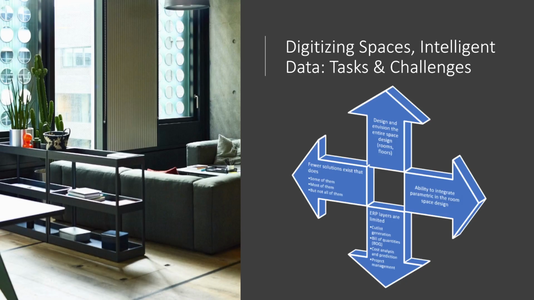And finally, with these three challenges, the fourth challenge is the aspect of project management. The project has begun. I don't have an idea of how the project is going ahead and what is a way to quantitatively measure how the project has progressed. There are some solutions, as I said earlier, or fewer solutions exist that do some of them, most of them, but there is not a solution that does all of them.